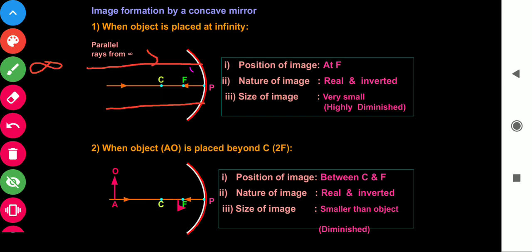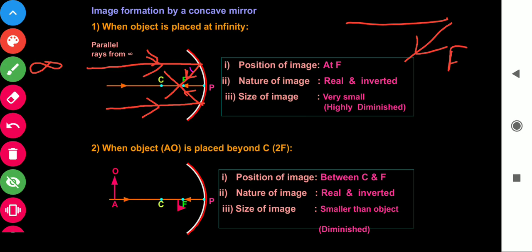And by rule number 1, whenever the ray comes parallel to the principal axis, it goes through the focus, and it will be reflected through the focus. I put the arrow here because the light ray comes, and this is the reflected ray, and both lines cut at focus.